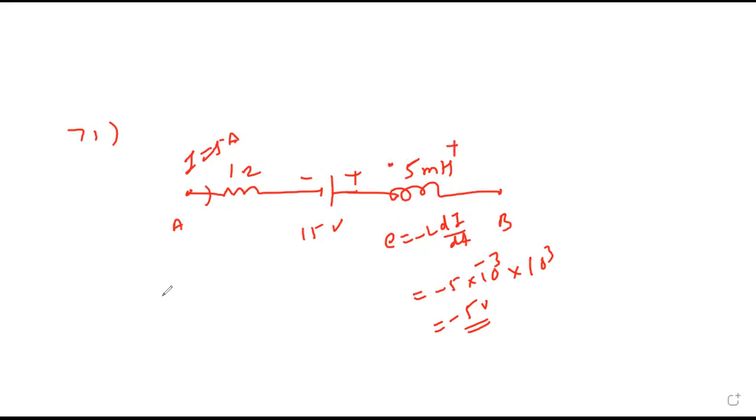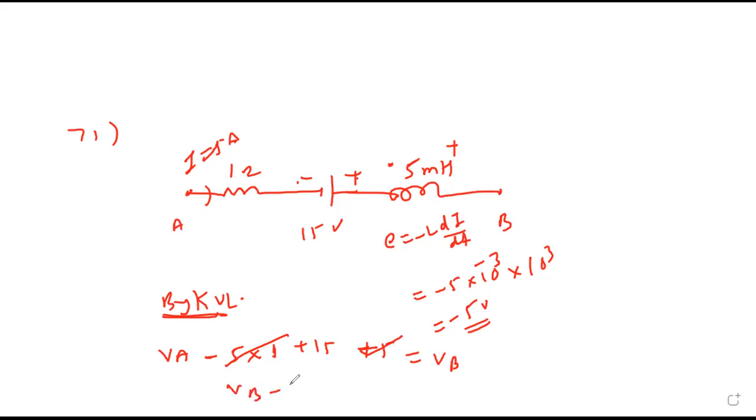Now if I start with Kirchhoff's voltage law, VA minus 5 into 1 is the voltage, plus 15, plus 5 equals VB. This will get cancelled. Therefore VB minus VA is 15. Option B.